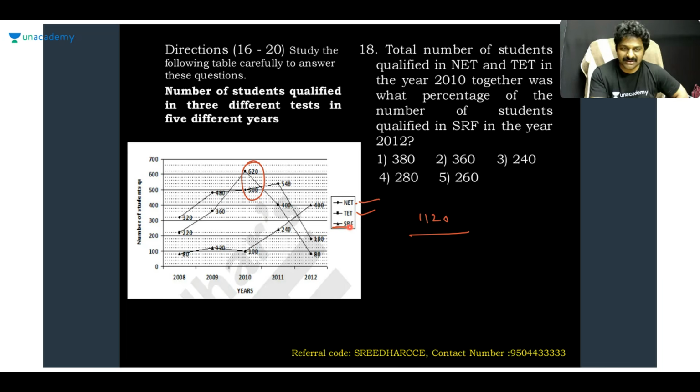SRF is triangle in 2012, which is equal to 400. Percentage into 100. Because this is easy to calculate and a small number, I'm directly going for cross multiplication. Now, 4, how many times? 4, 2 times, 32, 8 times. The answer should start with 2, 8 something. There is only one option, 280 percentage, final answer.